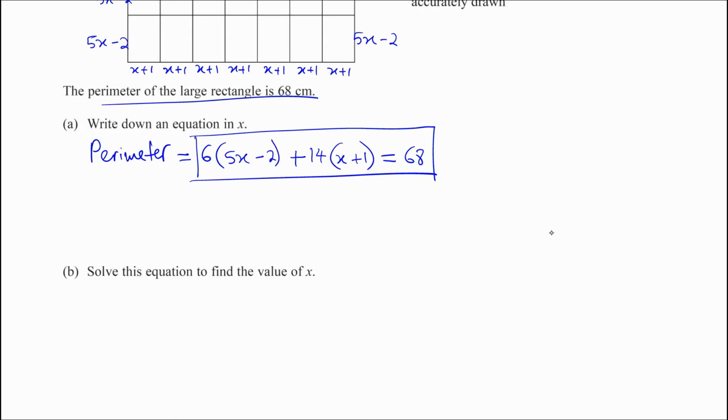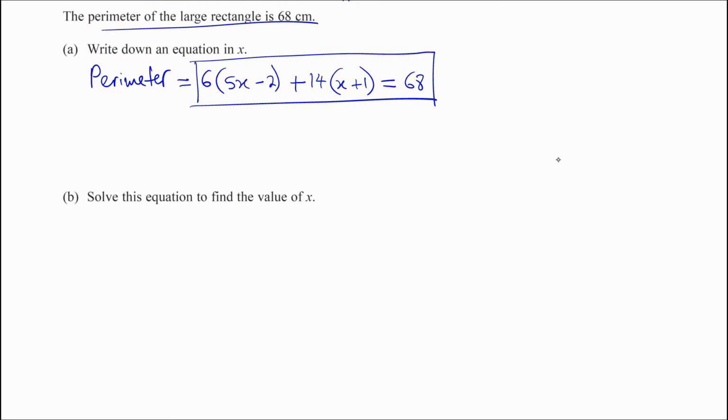Then part B of this question, we are required to solve this equation to find the value of x. So basically 6 into 5x minus 2 plus 14 into x plus 1 is equal to 68. And then if you expand this, it will be 30x minus 12 plus 14x plus 14. And this will be equal to 68.